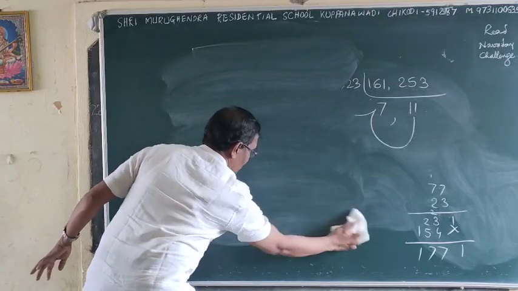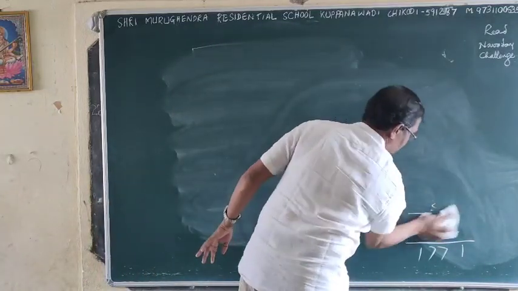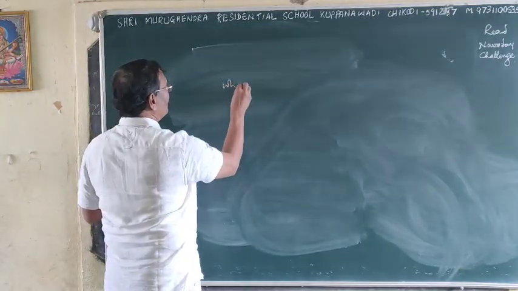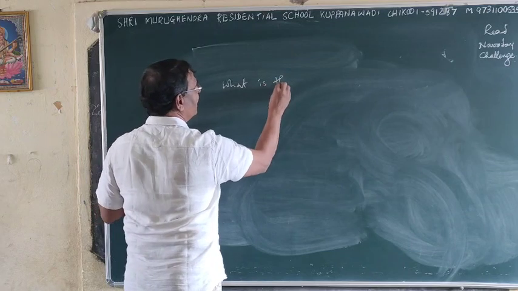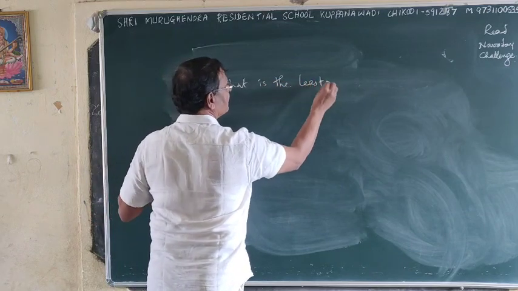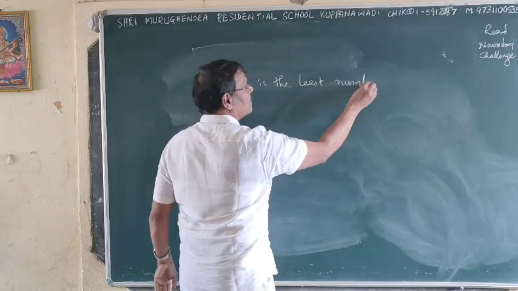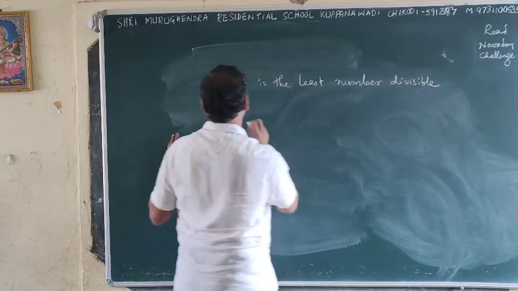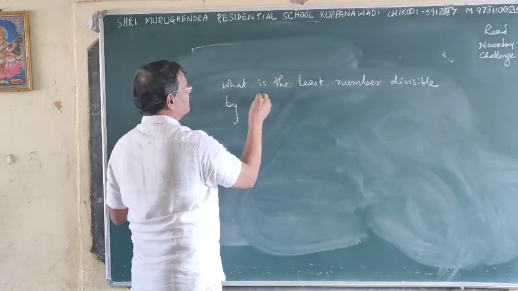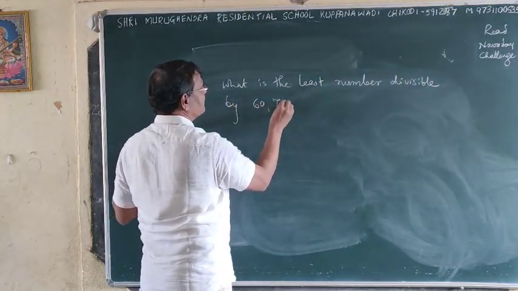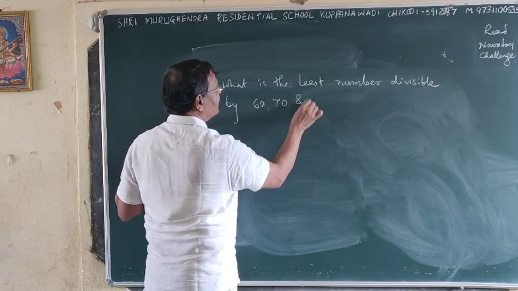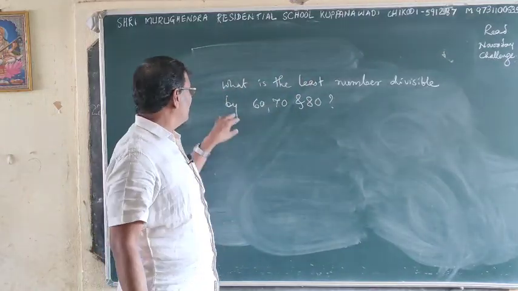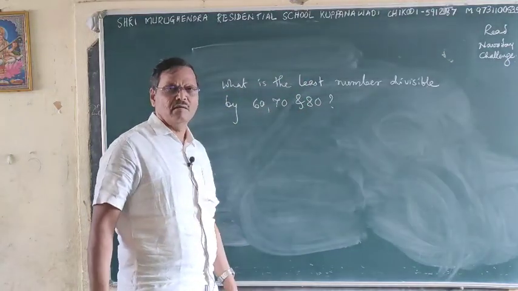See, what is the least number divisible by 60, 70 and 80?